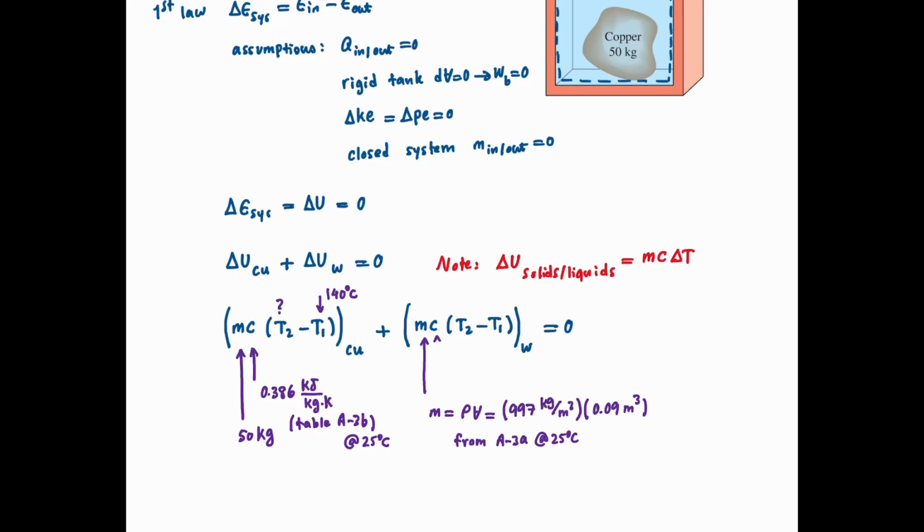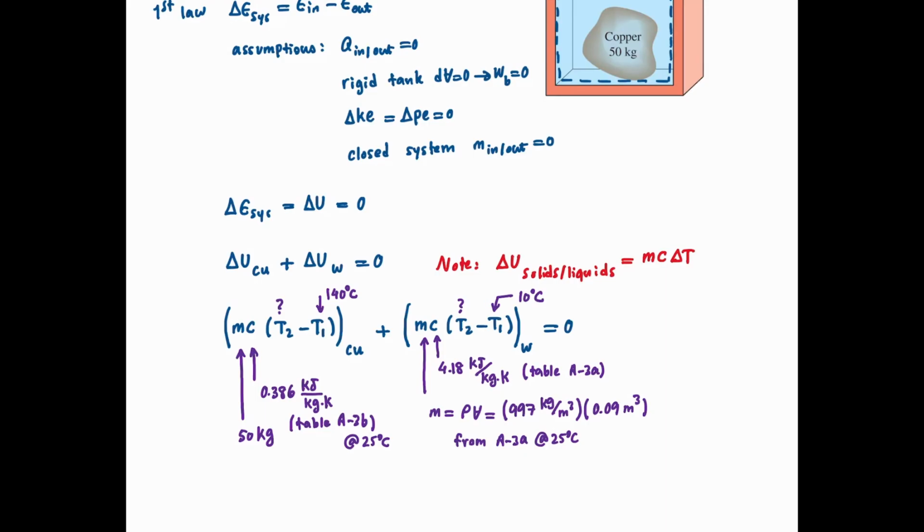Specific heat of water from table A3a at 25 degrees C is 4.18 kilojoule per kilogram Kelvin. T2 is not known, and T1 for water is given, 10 degrees C.